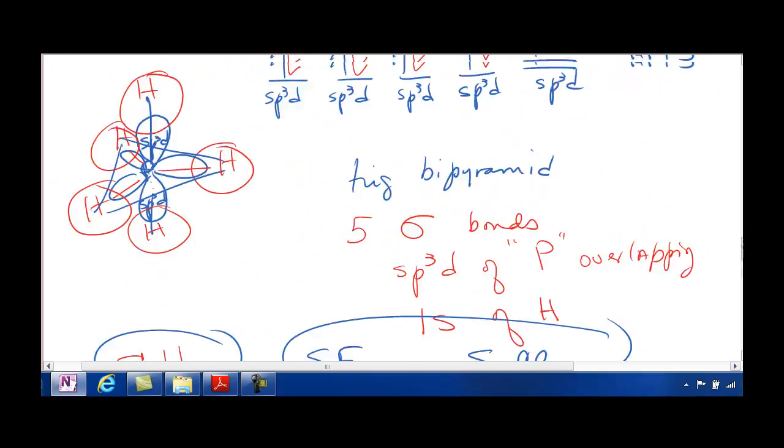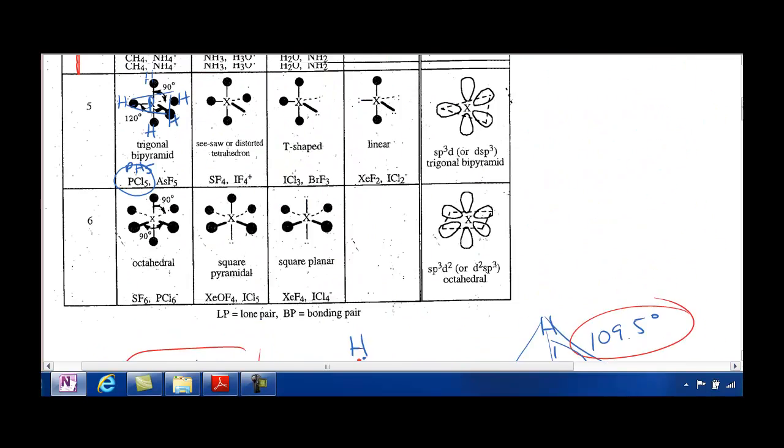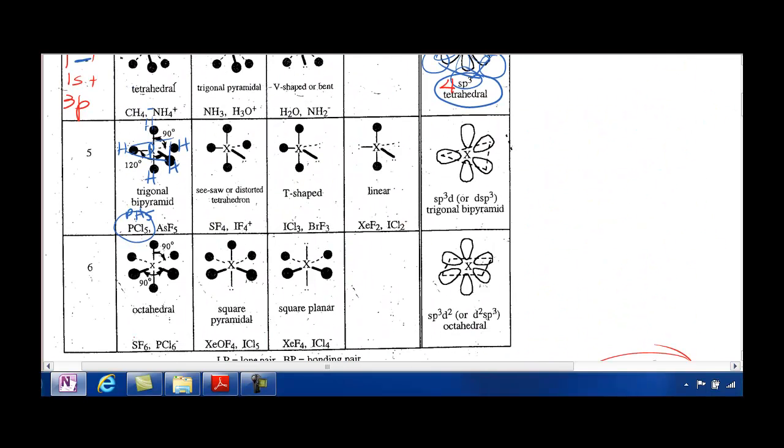Okay, so if you look at your chart, for a count of 6, SF6 or SH6 or SCl6 will have a count of 6, so you need 2 Ds, 3 Ps, and 1 S. So that's 2 plus 1 plus 3 gives me 6. D2sp3.